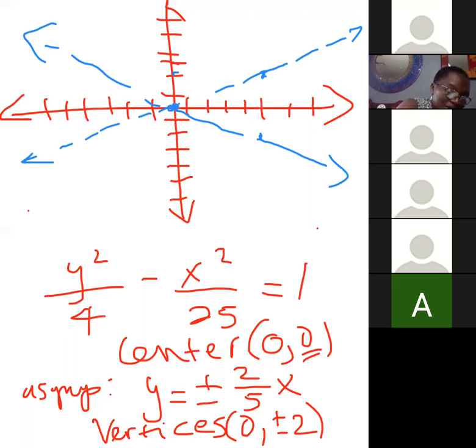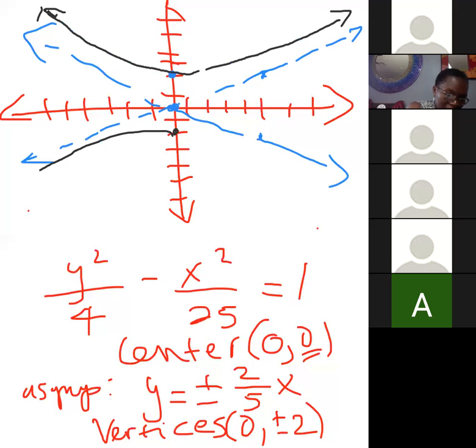So we have one along the y-axis at 0, 2. Let me use a different color so I can draw these. Remember guys, the branches are inside those asymptotes. They get closer and closer to the asymptotes, but they will not touch the asymptotes. And then the other one is down here at -2. Once again, they get closer and closer to the asymptotes, but will not touch them. Okay, there we go.